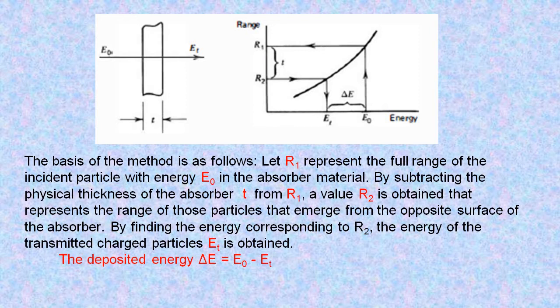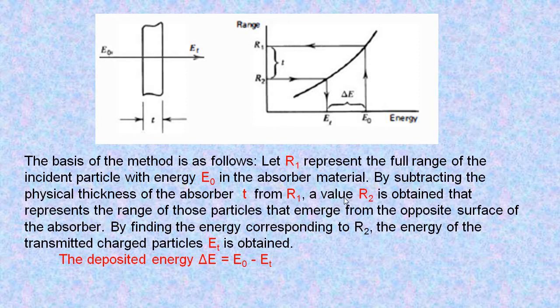And by subtracting the physical thickness of the absorber T from R1, that means this is the range. If, say, 1 centimeter or half a centimeter is the thickness, from this R1 you can subtract that value T and you will be getting R2. And the energy corresponding to R2 can be calculated.